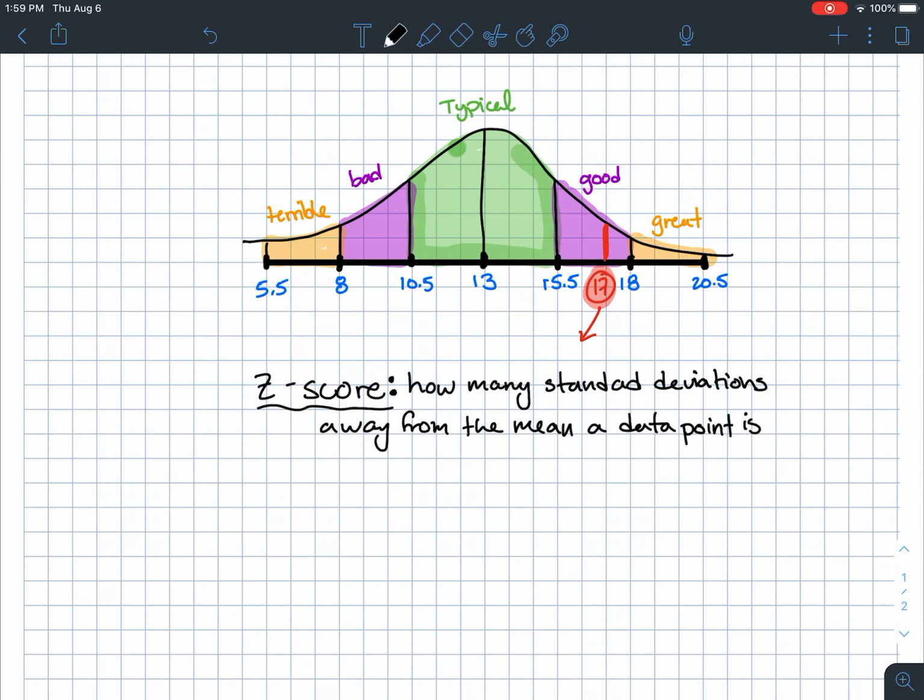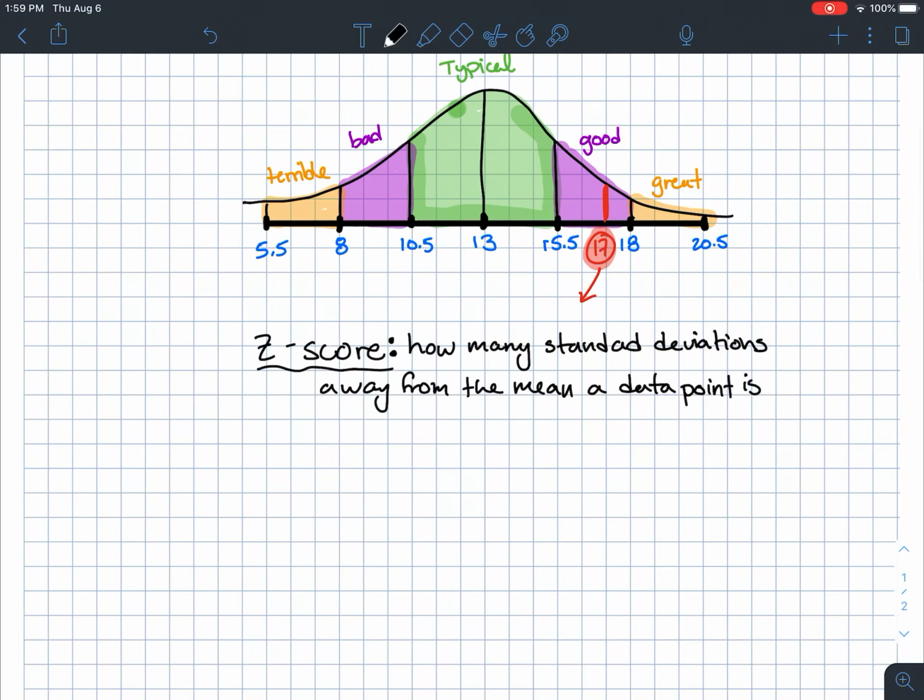And so we're going to be looking at this thing called Z-score, which is how many standard deviations away from the mean a data point is. We want to figure out how far from the mean we are, and then how many standard deviations that is away. So our formula is going to be our data point, which we're going to call x.